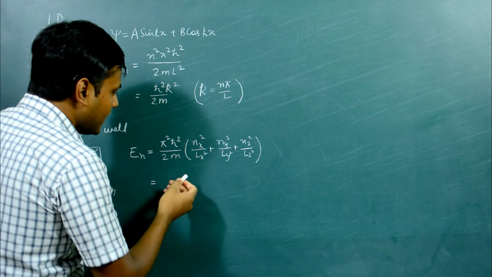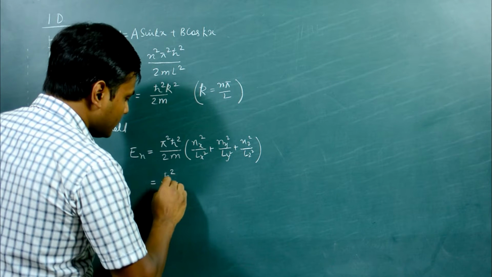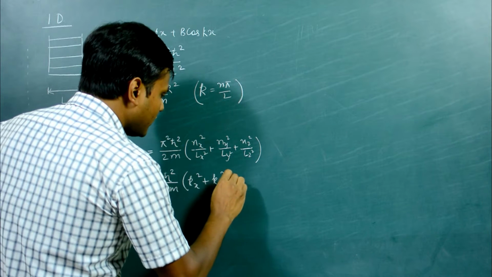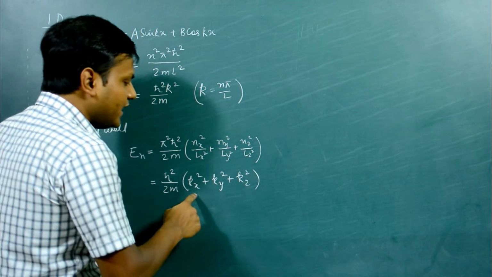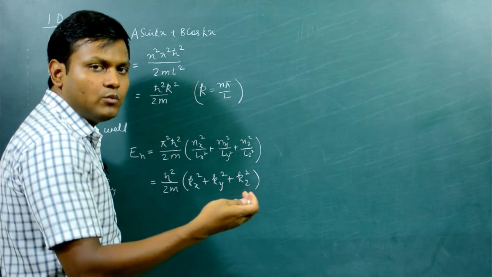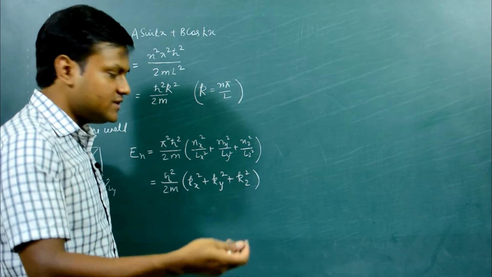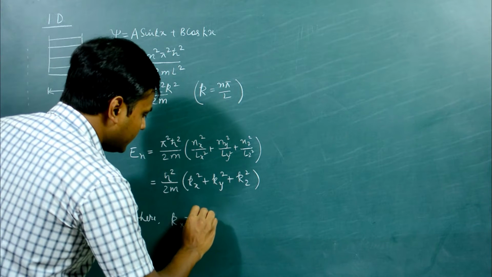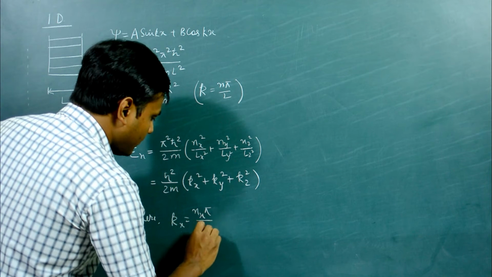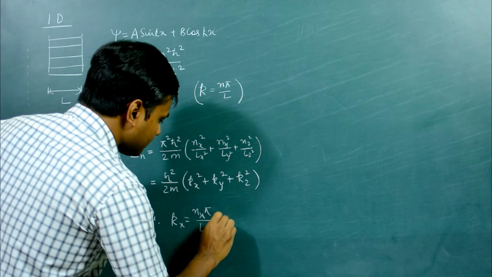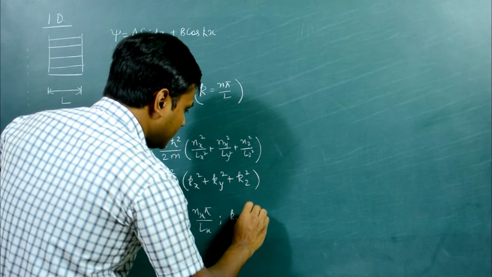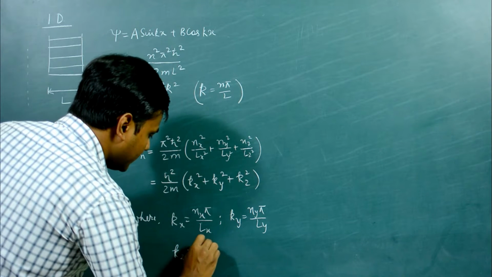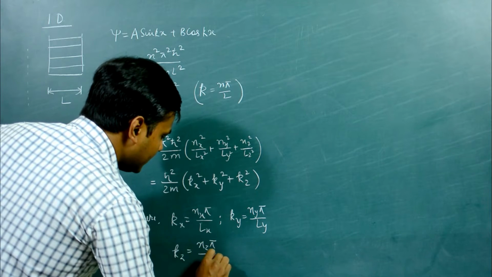This can further be simplified by writing it as h cross squared by 2m times kx squared plus ky squared plus kz squared, where kx, ky, kz are the wave numbers associated with the wave in the x, y and z axes respectively, where kx is nothing but nx pi by Lx, ky is nothing but ny pi by Ly, and kz is nothing but nz pi by Lz.